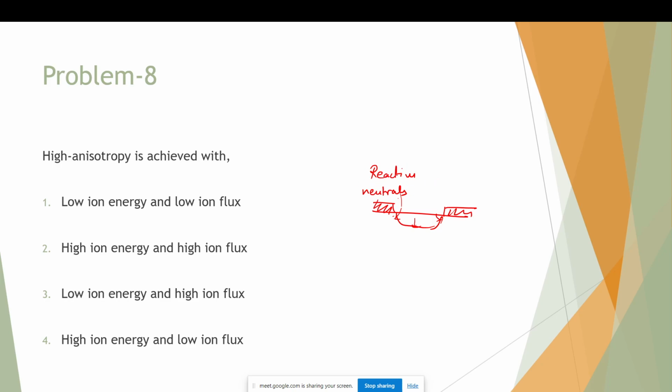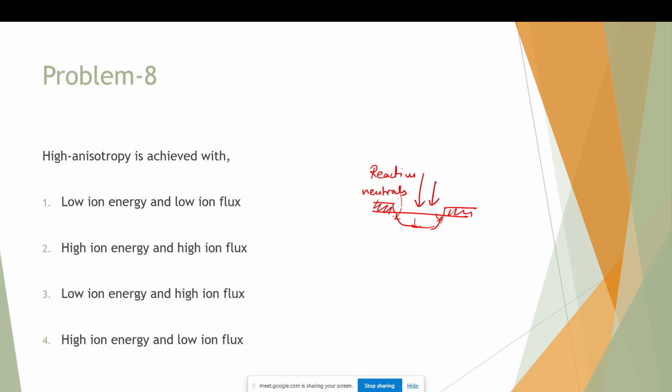They are being affected by plasma in a way that the plasma might create these free radicals, but the energy and ion flux that they are talking about here is the ion flux that is bombarding the film. These reactive neutrals are not really directional, but the ion energy and ion flux are directional in nature.